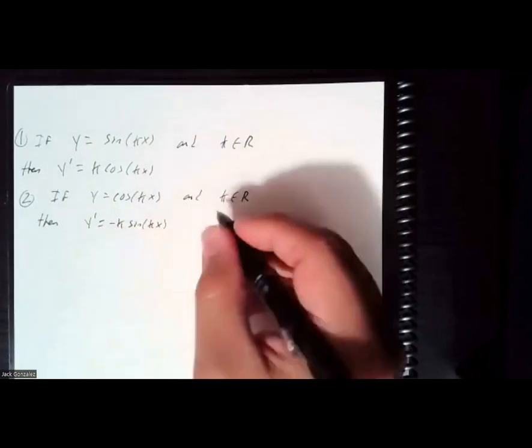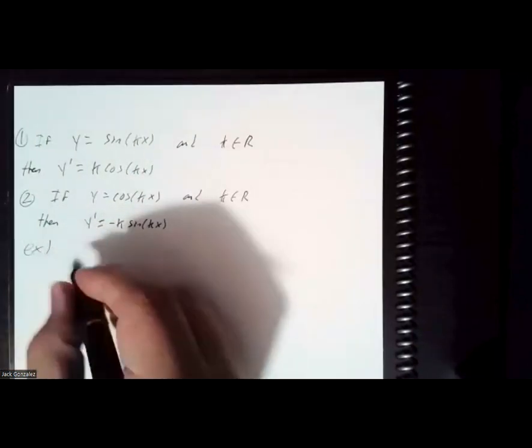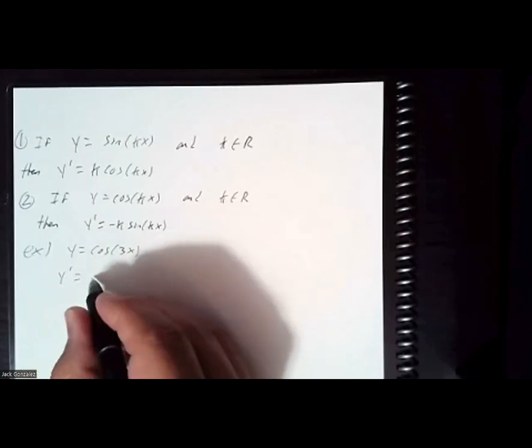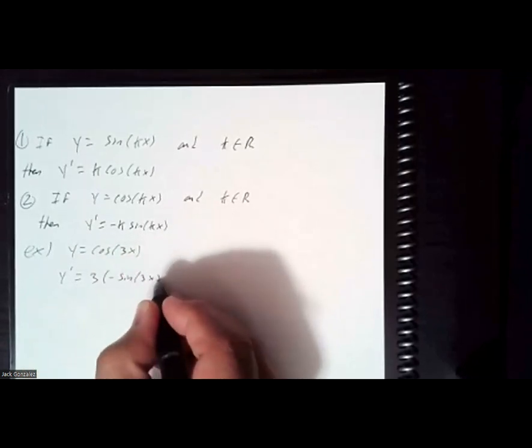So this is true for any constant k. And similarly for the secant, cosecant, tangent, you can do the same thing. So for example, if you have y equal to cosine of 3x, the derivative will be 3 times negative sine of 3x.